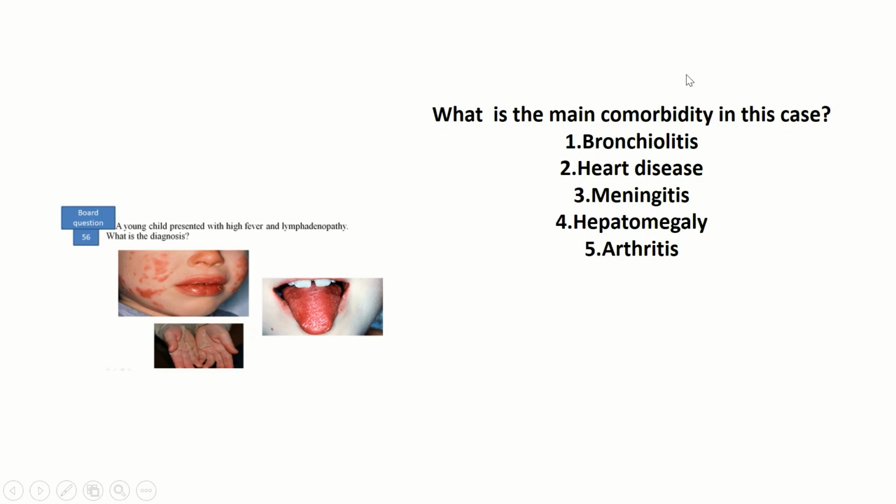What is the main comorbidity in this case? As you know, coronary artery disease, so the answer is heart disease. The mainstay of treatment in this patient is administration of aspirin and IVIG.